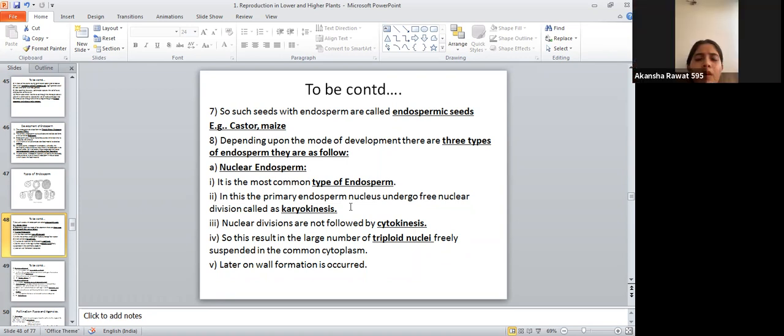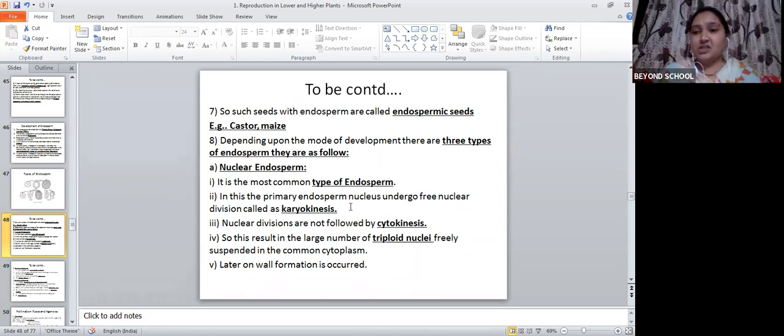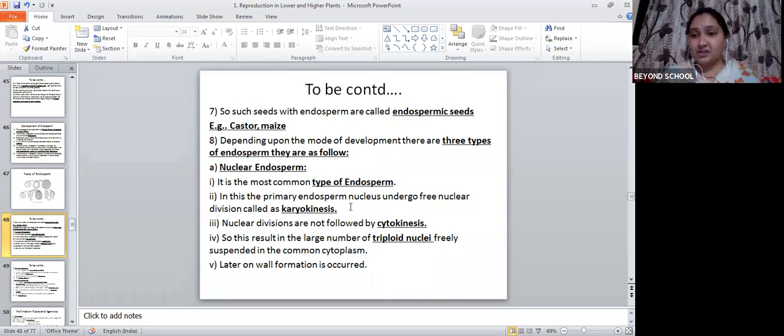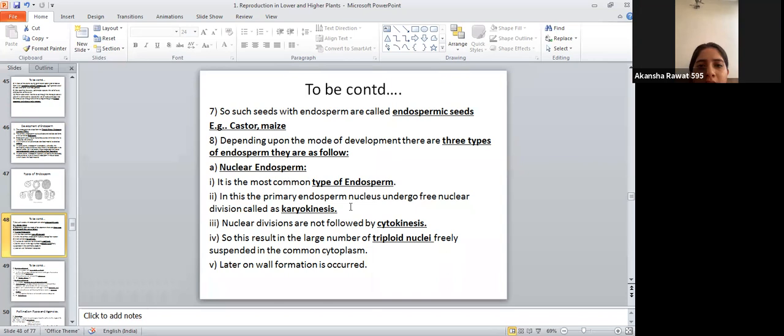Now, one thing we should remember, whenever this nuclear endosperm is carried out, there will be a large number of nuclei. Triploid means three sets of nuclei are going to form. Later on, they are going to get suspended. Suspended means wherever they are present they stay constant in their places, and they will be commonly found in the cytoplasm.